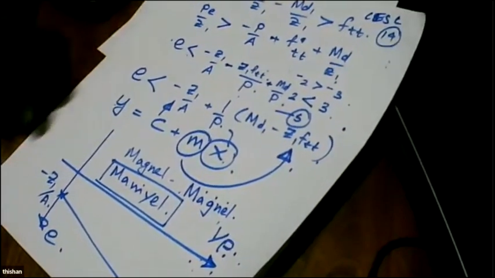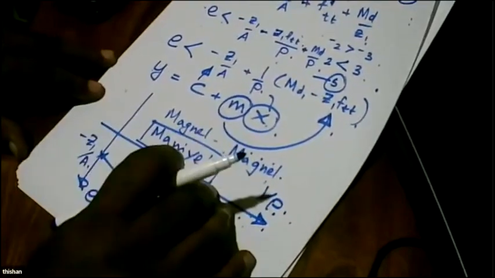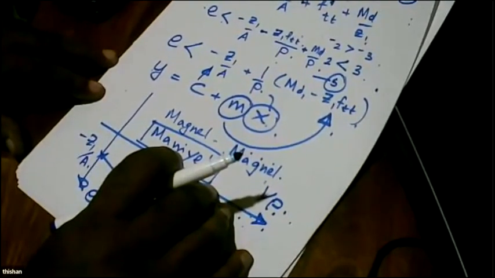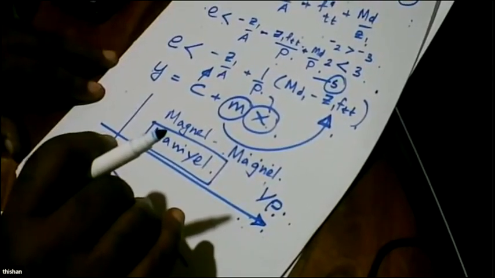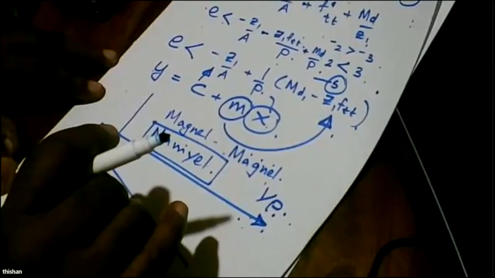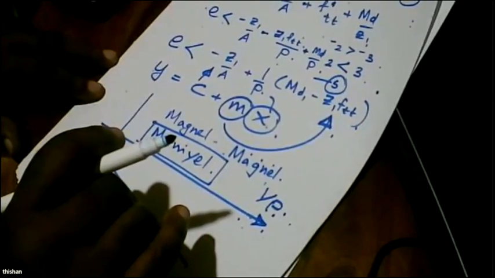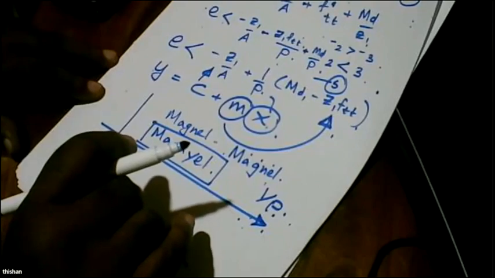Now we see what happens now. So this is called Manier. He's a Belgian engineer, the one who invented this. But in English we write it as Magnel because we don't have dots and other things to modify the way that we pronounce it in English.